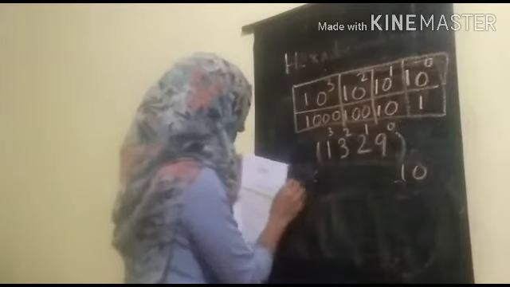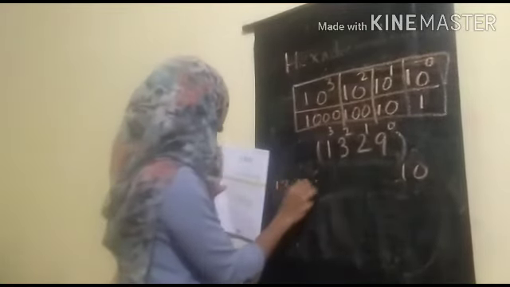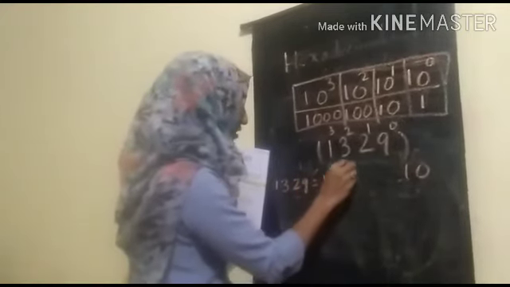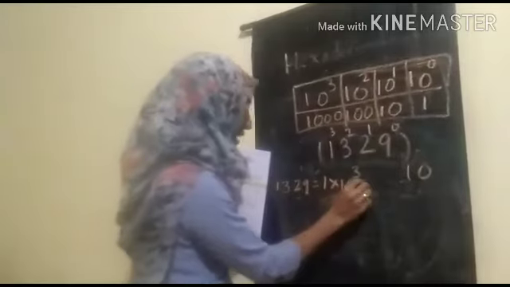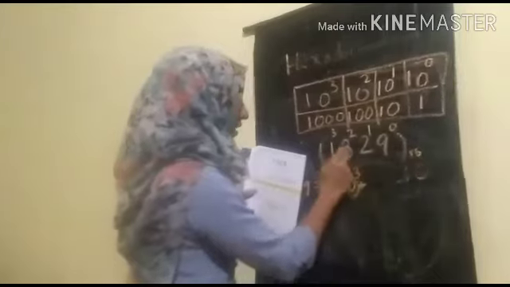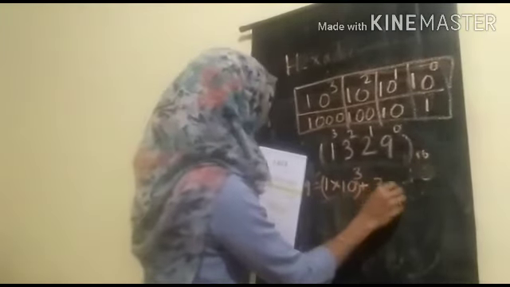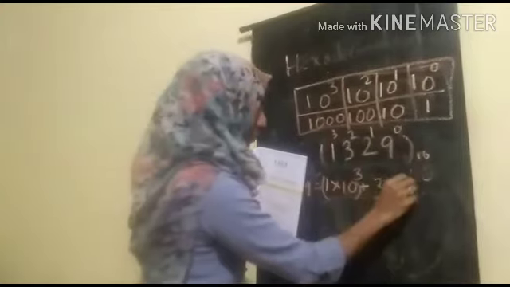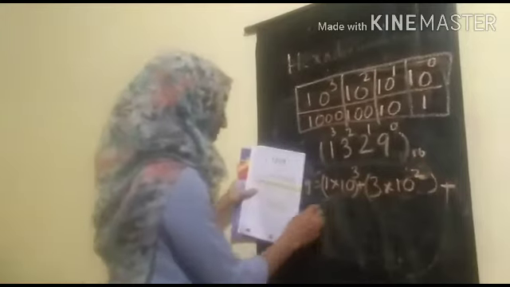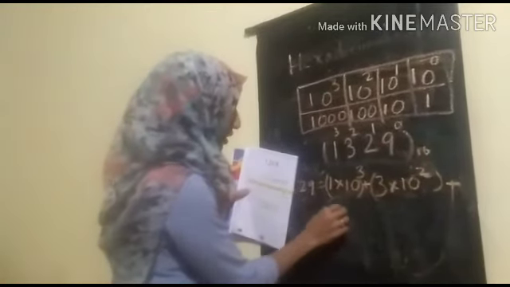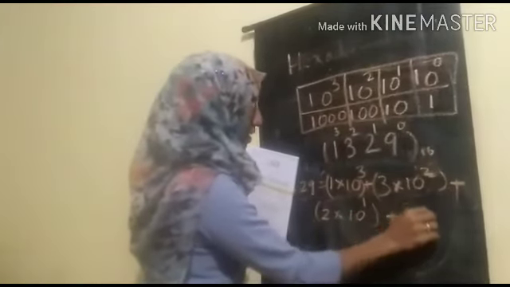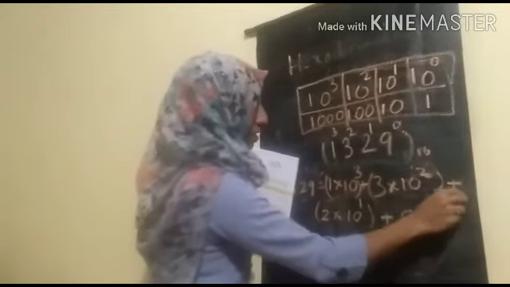First we write 1329 is equal to 1 into 10 raised to 3, plus 3 into 10 raised to 2, plus 2 into 10 raised to 1, plus 9 into 10 raised to 0.